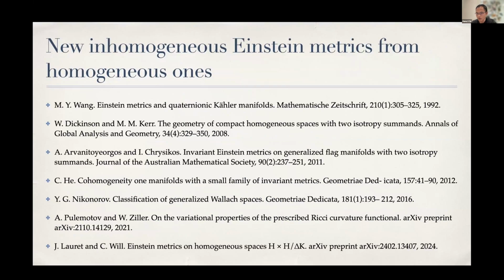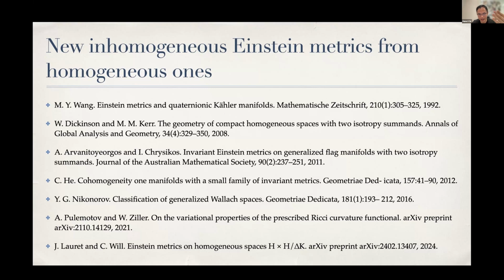So in that way, with this theorem established, we can generate many inhomogeneous Einstein metrics from the work on homogeneous Einstein metrics. I'll show you a bunch of new examples, and all these examples are obtained from the homogeneous spaces studied in all the works listed here.